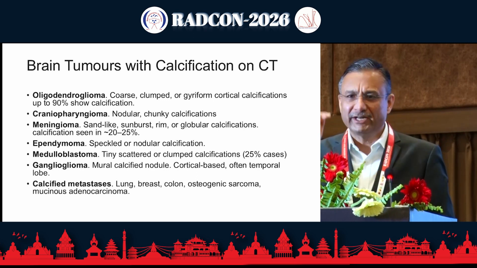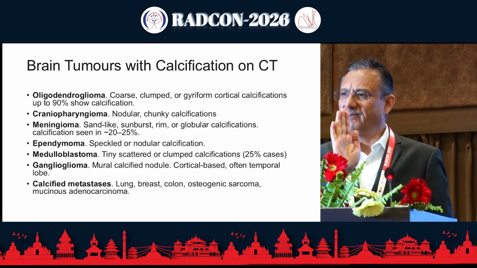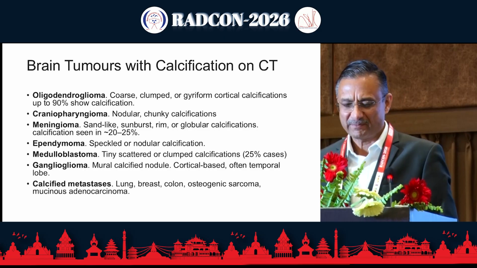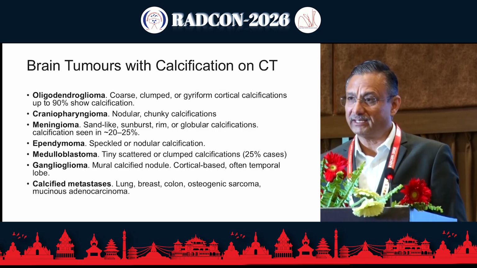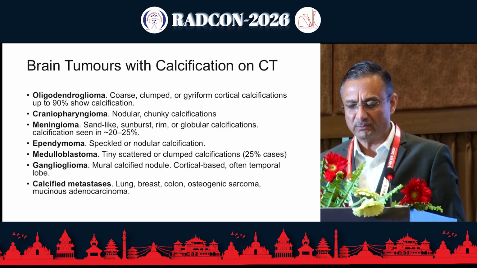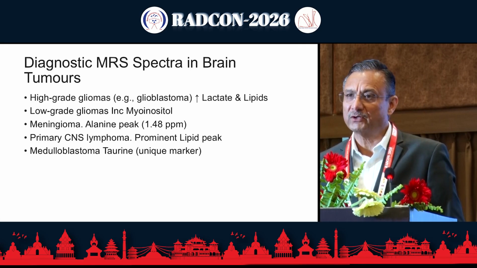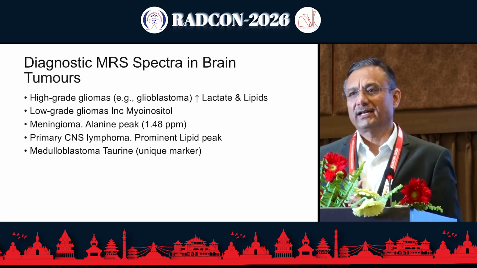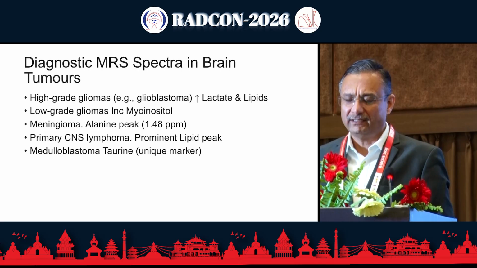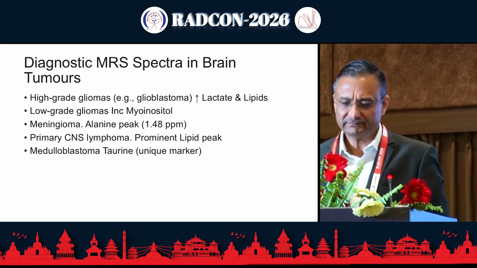Otherwise, routinely you will have reduced NAA, creatine will be there where it is, and choline will increase. This is run of the mill. But if you get an alanine peak at 1.48, a taurine in medulloblastoma, and increased myoinositol in low-grade gliomas. Most of the rest of the MR spectra would be similar.